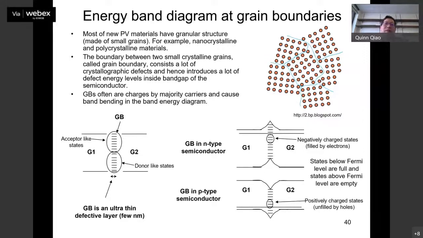So here we talk about the grain boundaries, okay? Grain boundaries are one of the major defect sources in multi-crystalline, polycrystalline, or nanocrystalline materials.